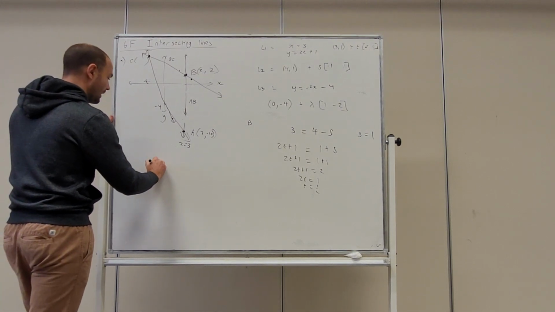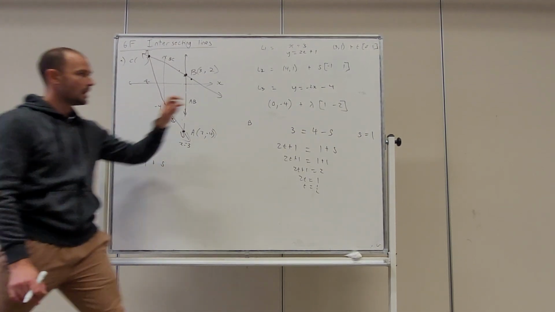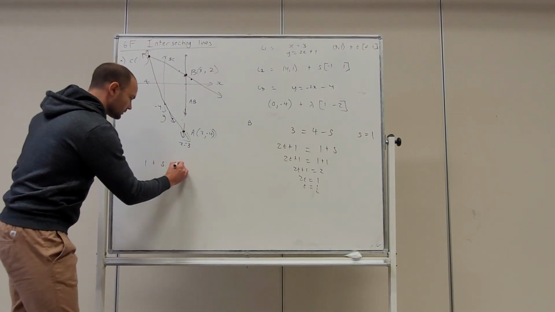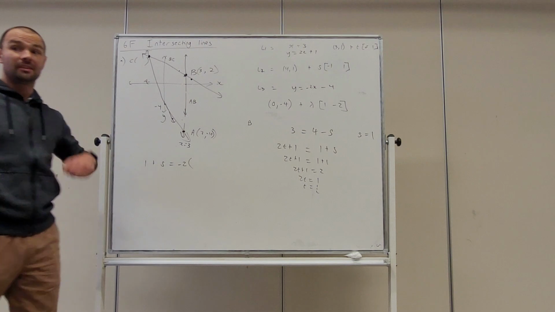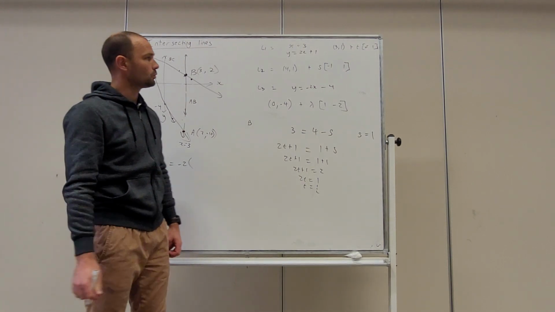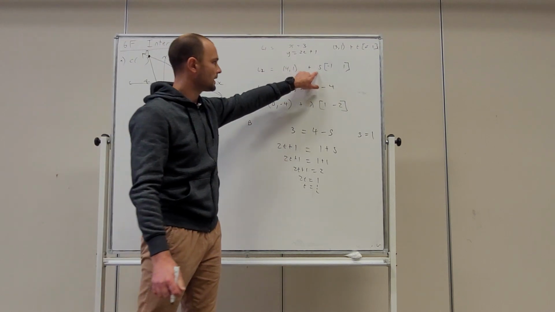So I'm going to have 1 plus s, that's the y coordinate of line 2, and I'm substituting that into line 3. Equals minus 2 times the x coordinate of line 2. The x coordinate is 4 take away s.